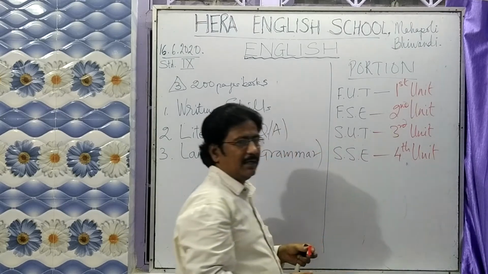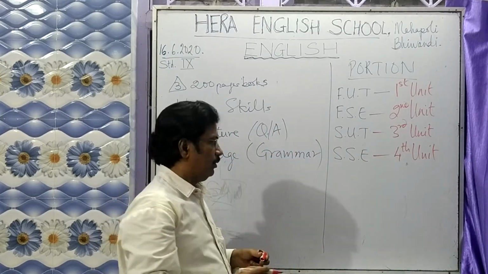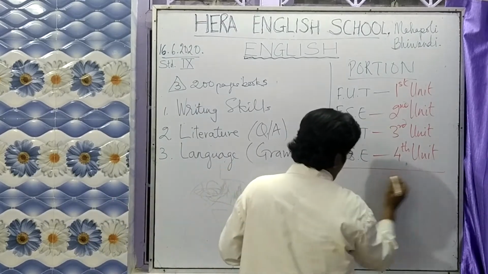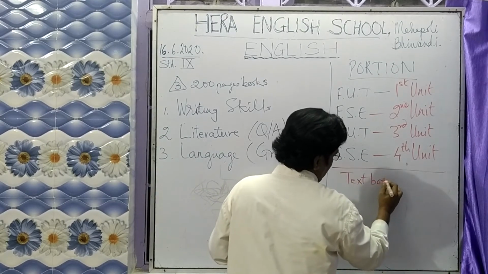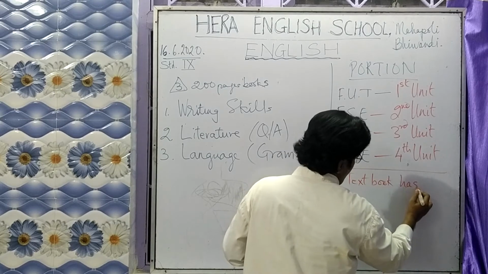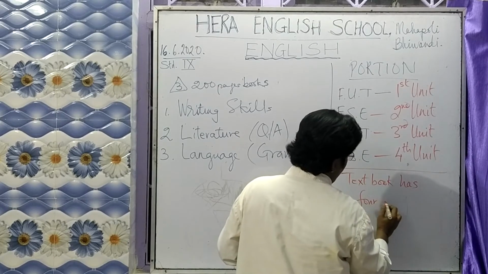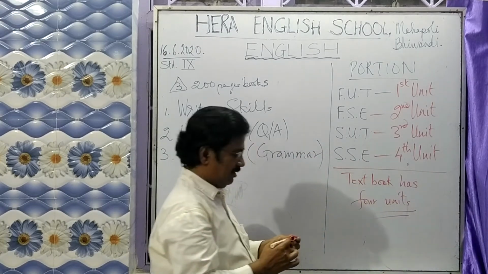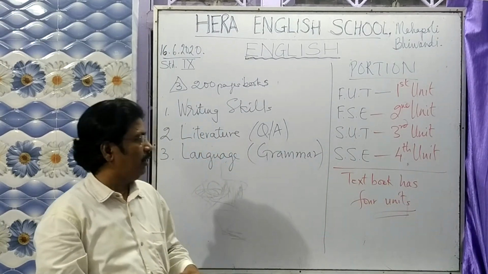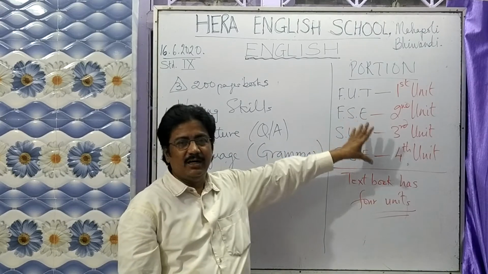Your textbook has 4 units, and the 4 units have been divided equally according to your portion for the whole year.